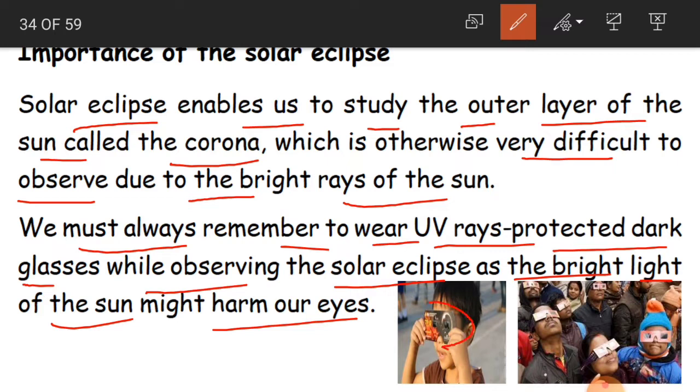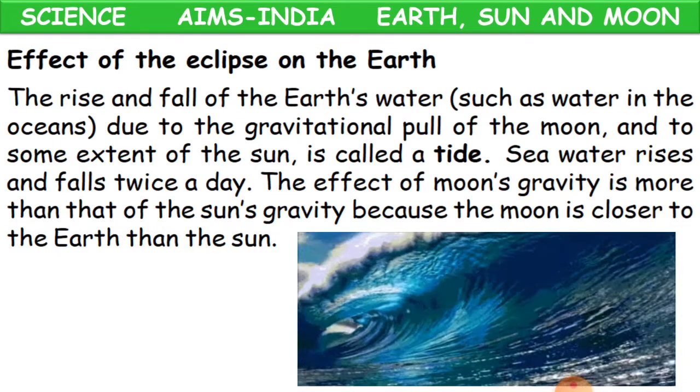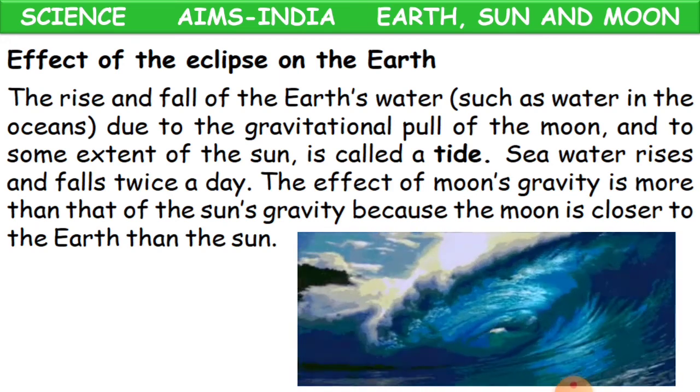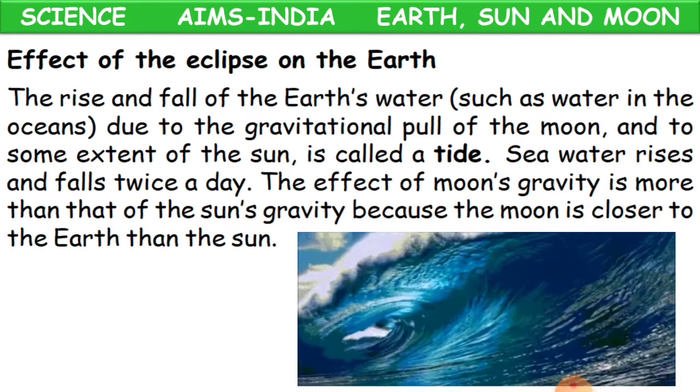They are wearing UV protected dark glasses, because the bright light of the sun might harm our eyes. It might harm, because they are very powerful rays, children. Clear, children? So that is about the solar and lunar eclipse.